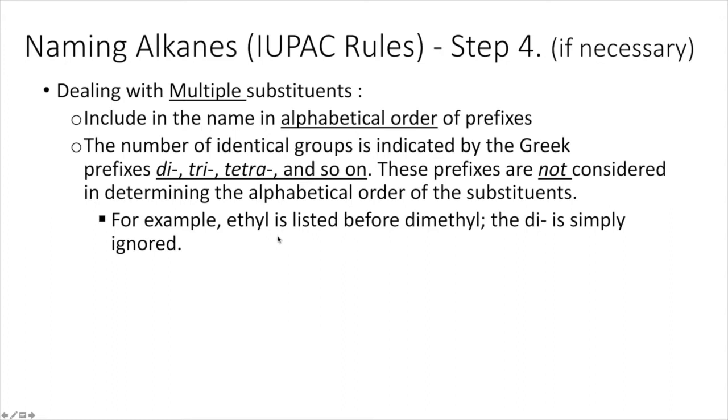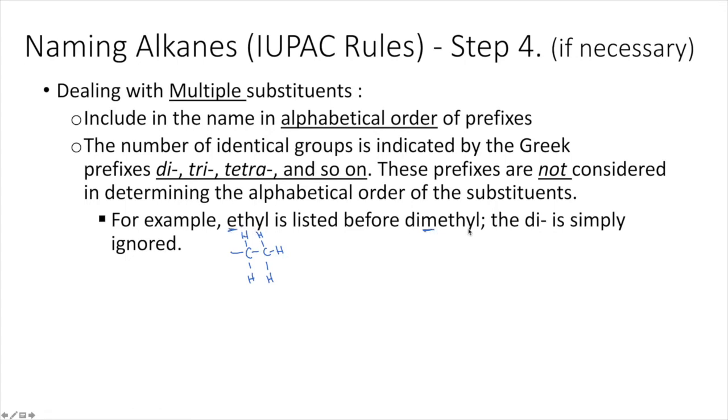So for example, ethyl, that's where you have 2 carbons in the substituent. So it would be C, H, H, and then another C, and then 3 hydrogens. This is the substituent ethyl, and it comes before methyl or dimethyl because E comes before M.